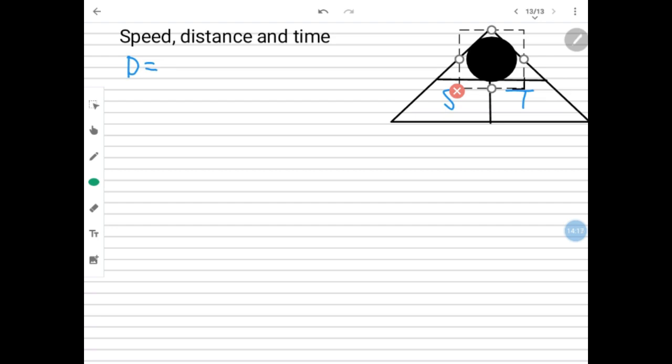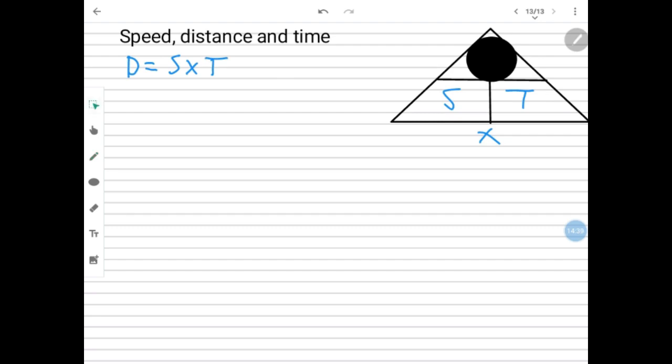You cover distance, and then you see that speed and time are next to each other. So that means now we're going to multiply, because speed and time are next to each other. So that's your formula that you have now. Distance equals speed times time.